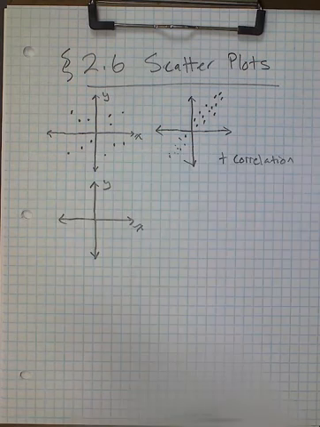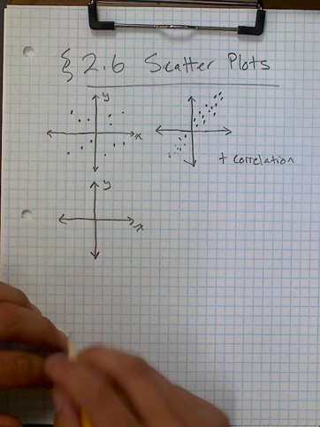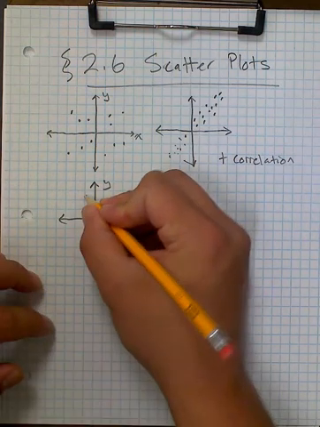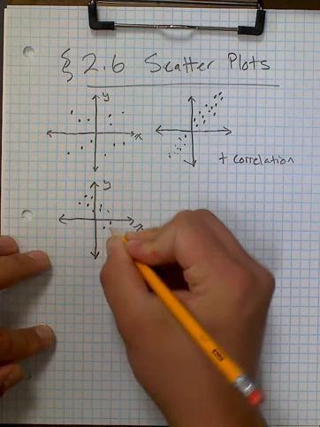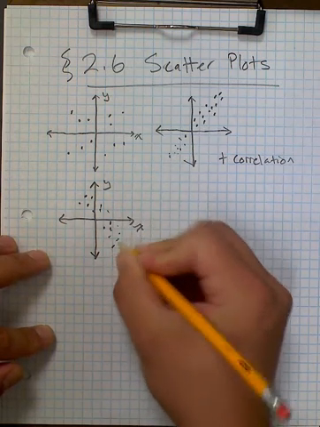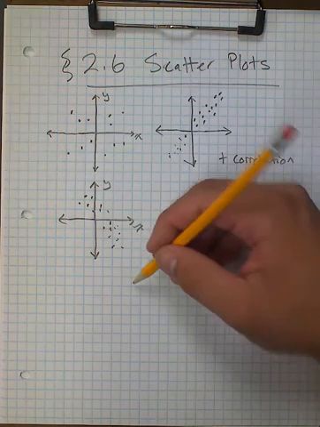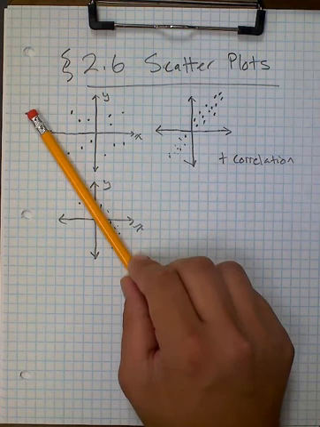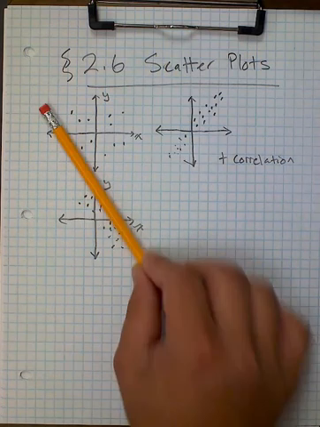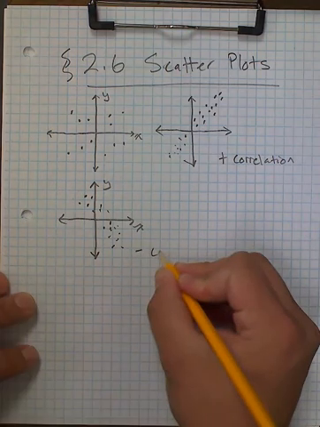So here is an example of a scatter plot that has negative correlation, something that looks like this. If I drew a line, let's say it's my pencil, and it went through all the points, it looks like a line with a negative slope. So this one is negative correlation.